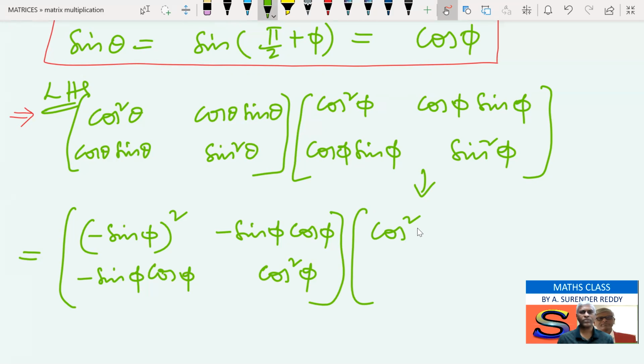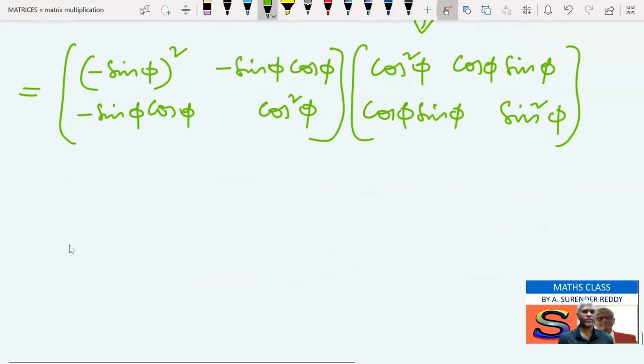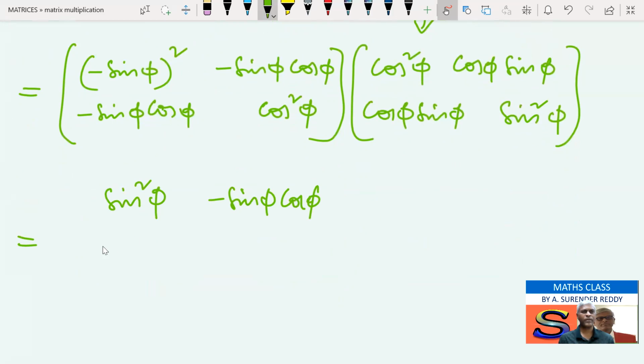I am converting the theta into pi. So no change in the second matrix: cos square pi, cos pi sin pi, cos pi sin pi, and sin square pi. So minus square is plus 1, so this is sin square pi. This is minus sin pi cos pi, minus sin pi cos pi.